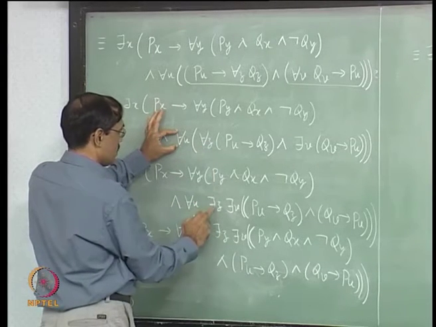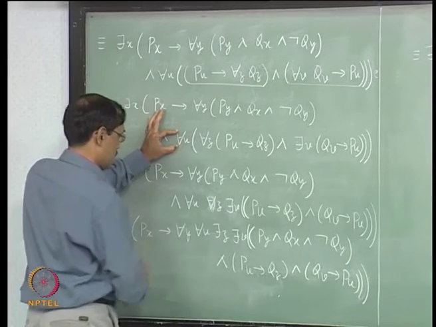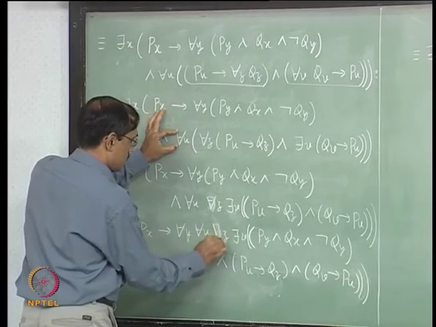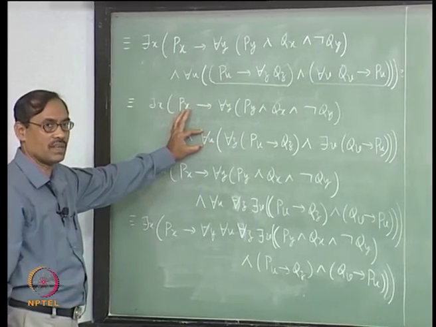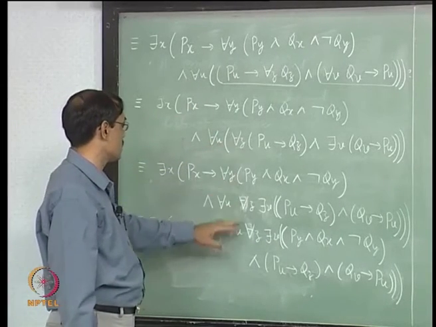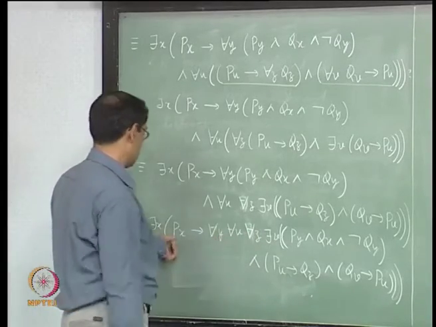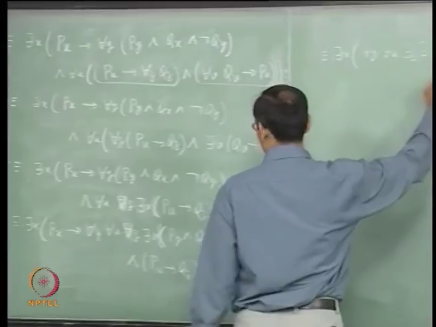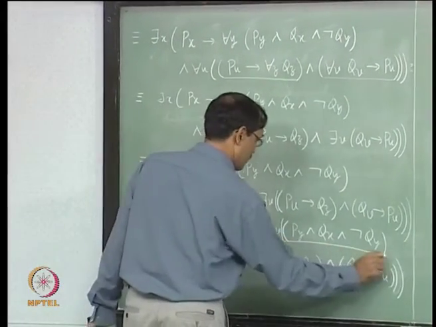This should be for all z, no? Yeah, that is right. Good, otherwise it would carry over. So, this for all will not change here, it will be kept as it is. Now, let us look at this. So, this gives p x implies the rest. So, the rest means this one.